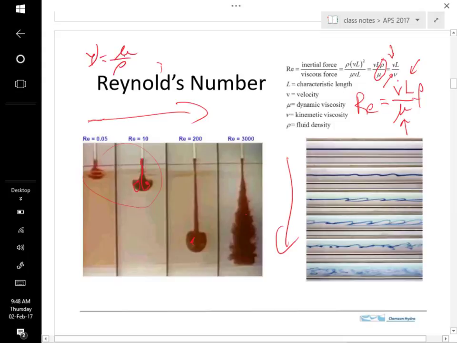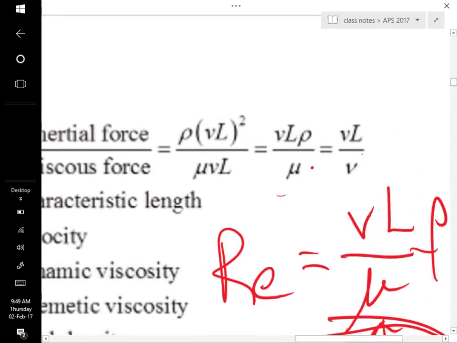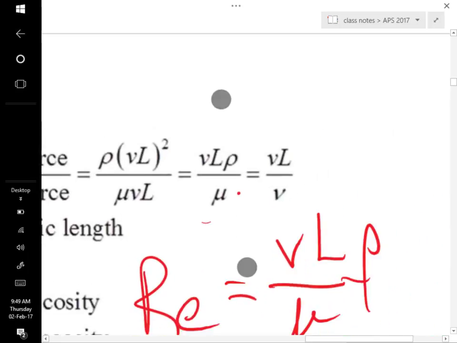So that's what this version is, just a little bit simpler, although usually I end up using the dynamic viscosity. So that's why I wrote it initially like that. Yeah, I mean, the symbols of velocity and kinematic viscosity are very similar to each other. I think maybe you can see it a little bit different.